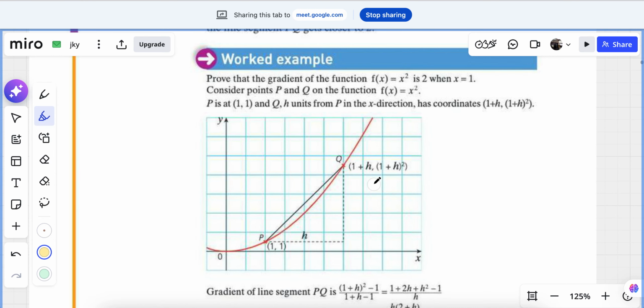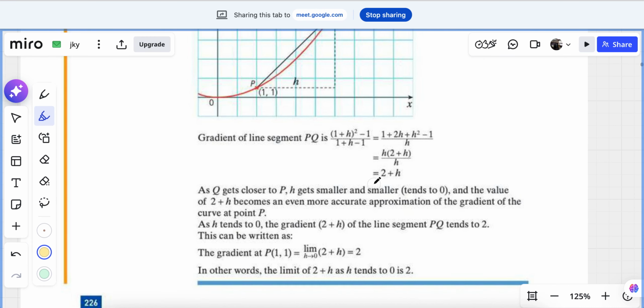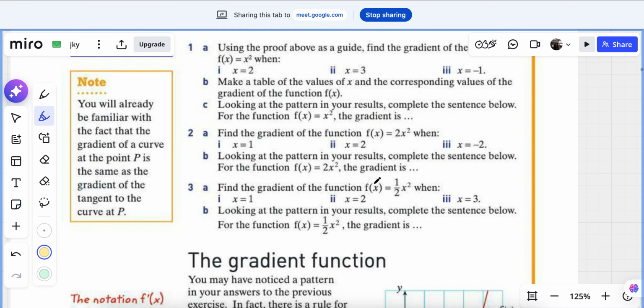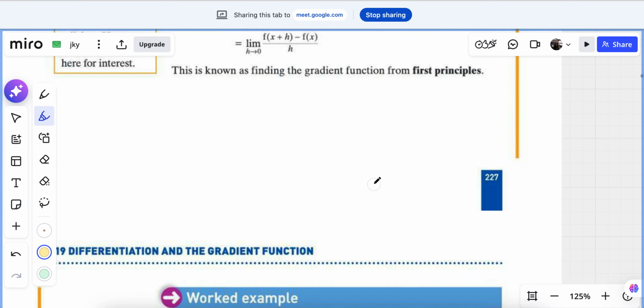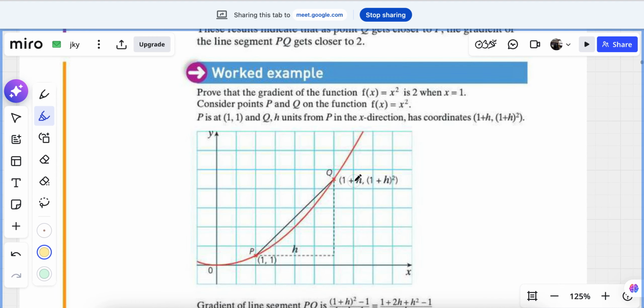Now let's move on. Here we'll be looking at the point with x2 equal to 1 plus h, and y2 equal to 1 plus h squared, and the other point is (1, 1), so x1 is 1 and y1 is 1.